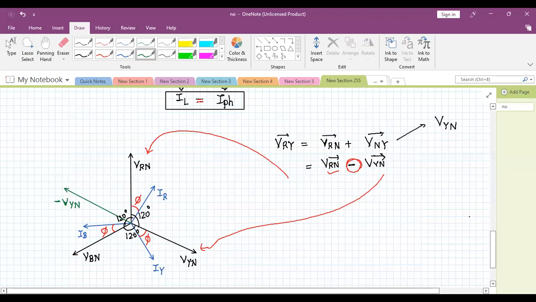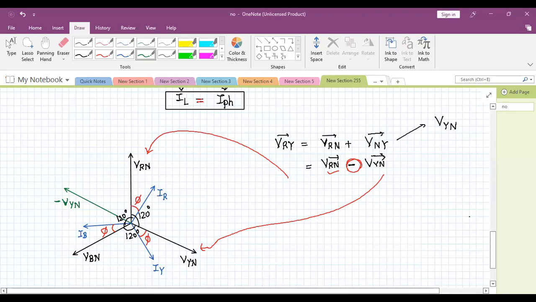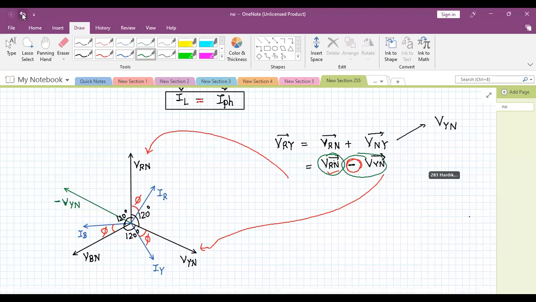Can I say yes or no? Please give a reply in the chat box. Okay, Jay. Now what is VRY? Yes, VRY is the phasor addition of VRN and minus VYN. Now I will do the phasor addition.